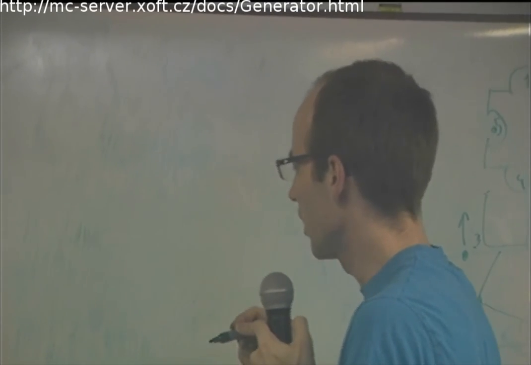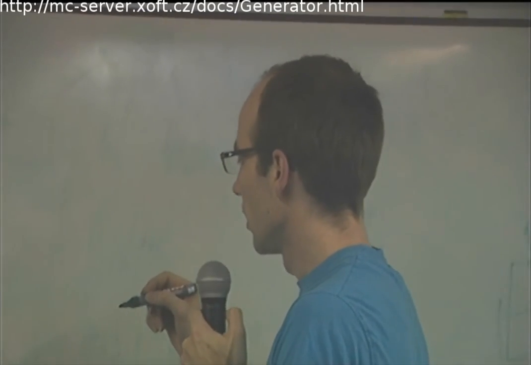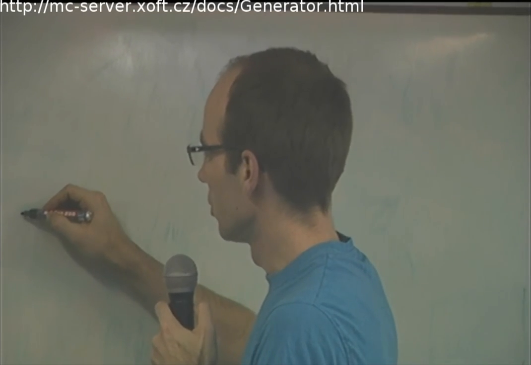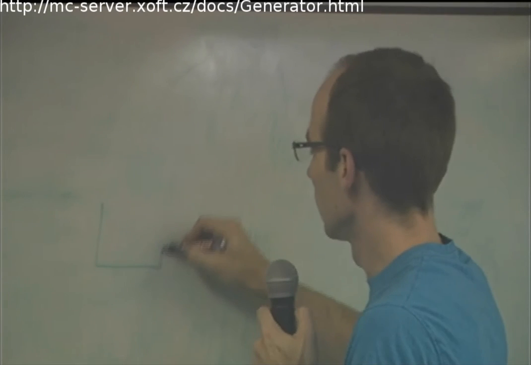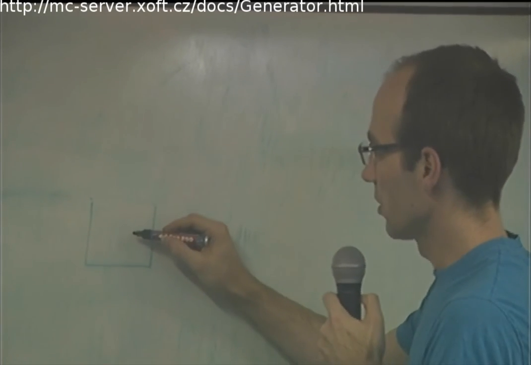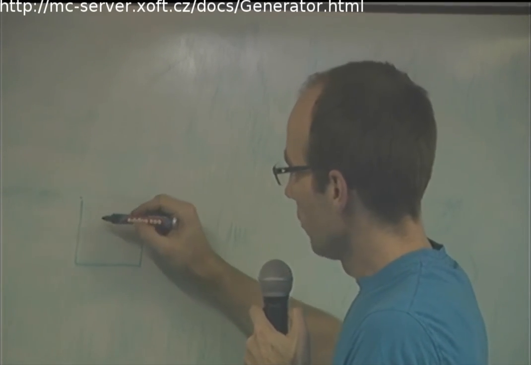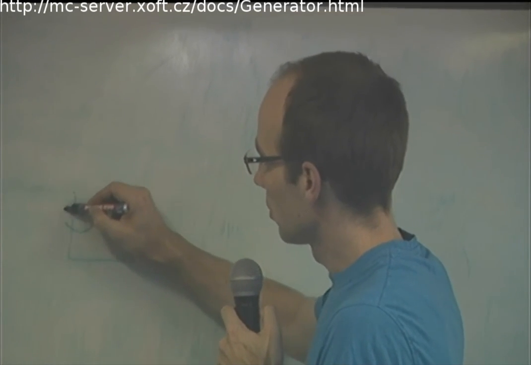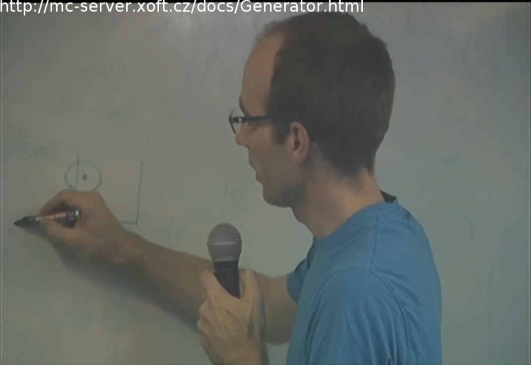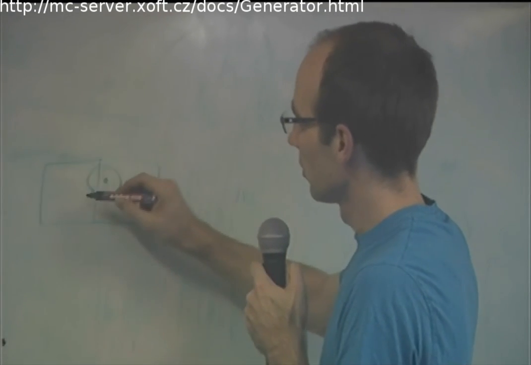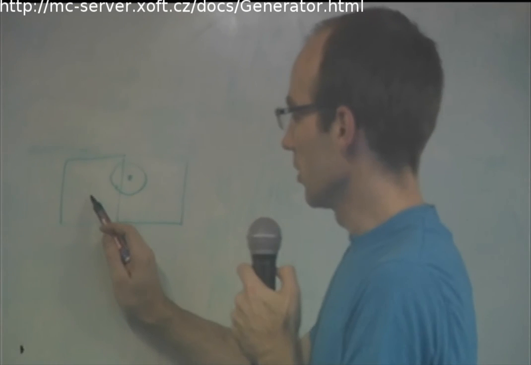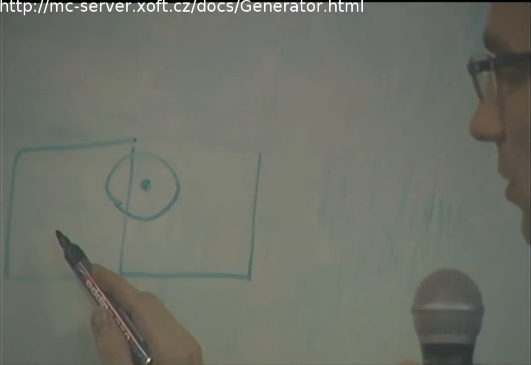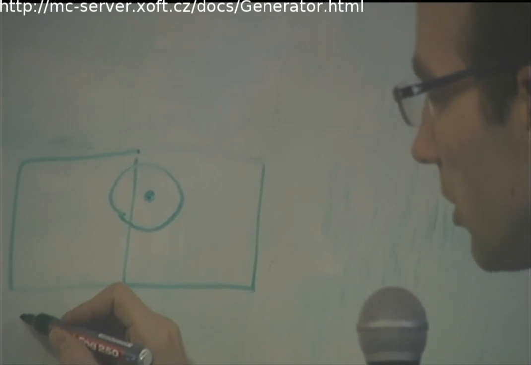Imagine we have a village. Now, let's start with a tree. So here's our chunk that is being generated, and we have a tree here. It goes into the other chunk, so you need to check the other chunk, and in order to generate this chunk, we need its shape.